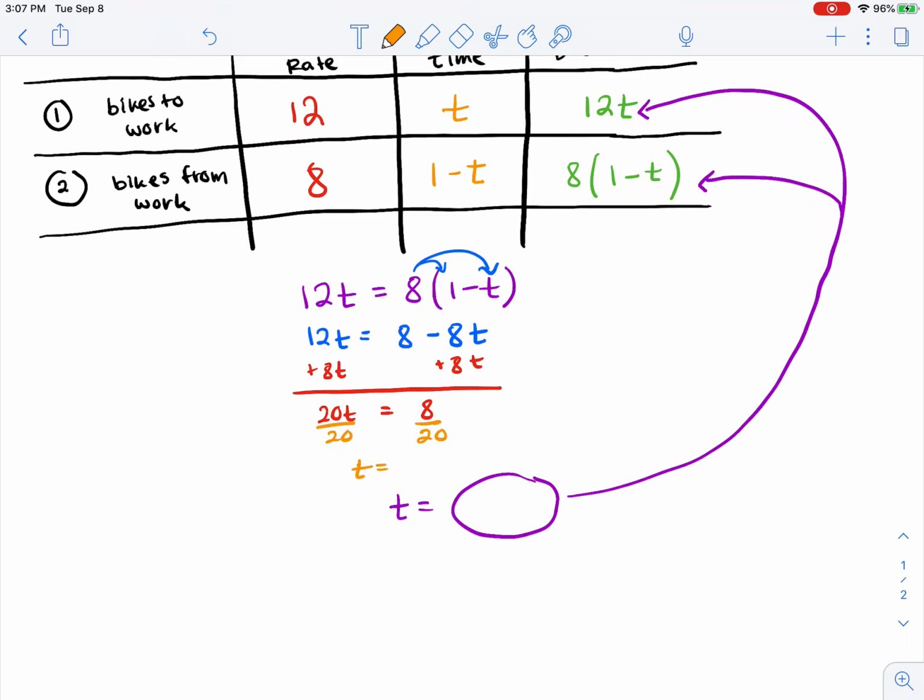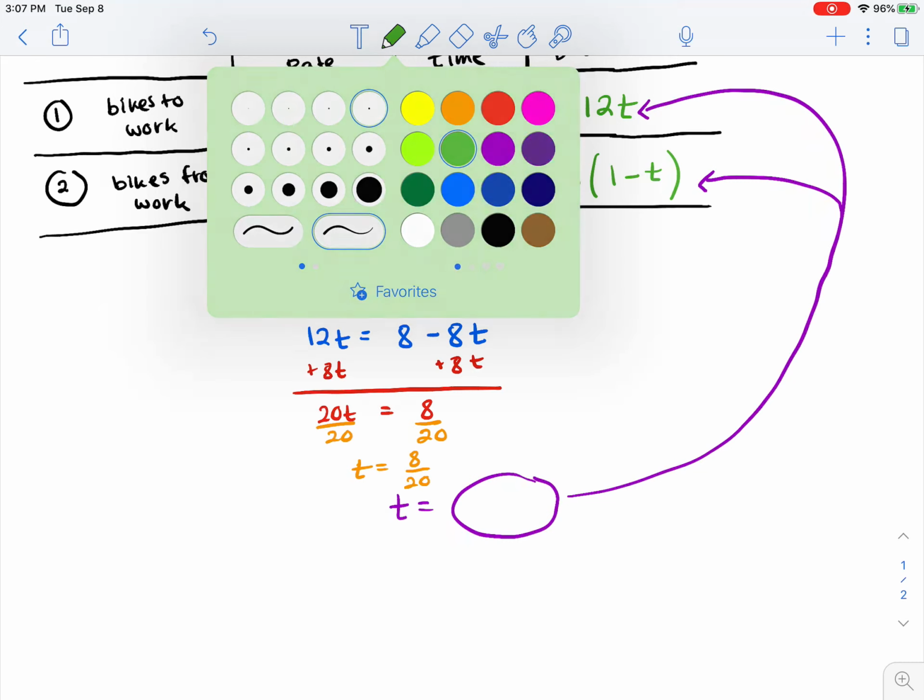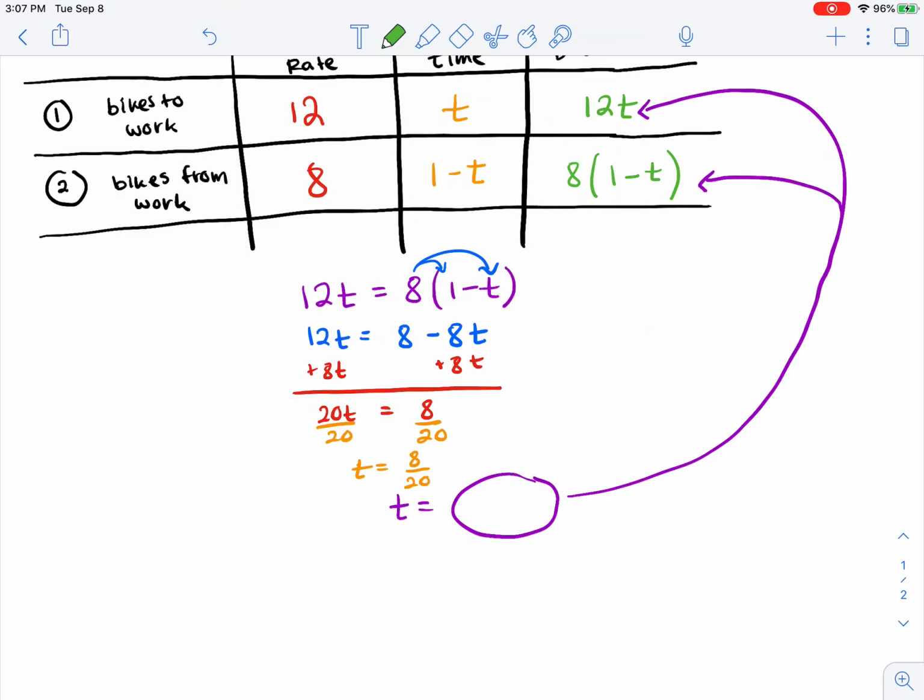And I have t is equal to 8 over 20. You'll notice, I think I can simplify that. A number that goes into both 8 and 20 is 4. And I have 2 over 5. So there's my final answer for t, 2 over 5.